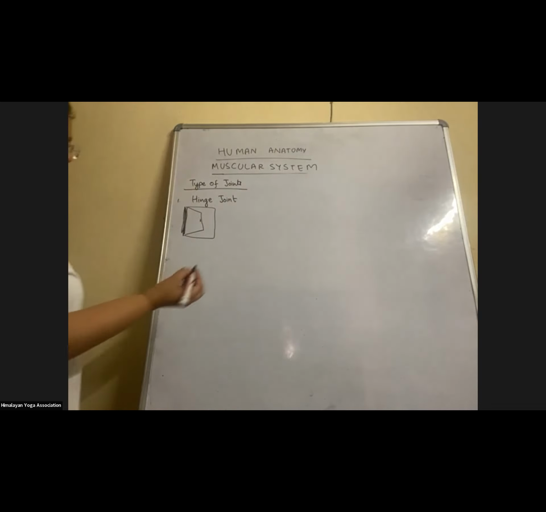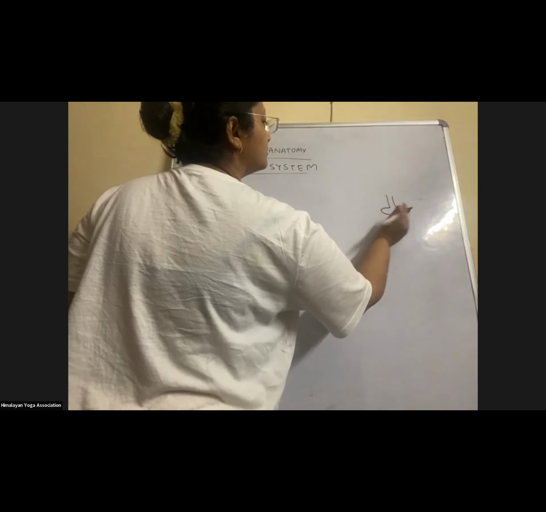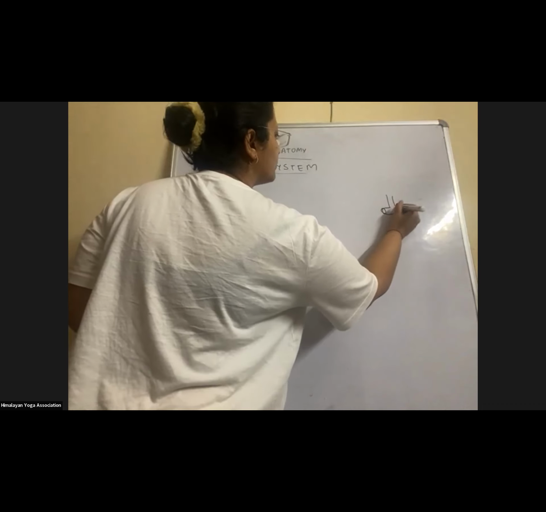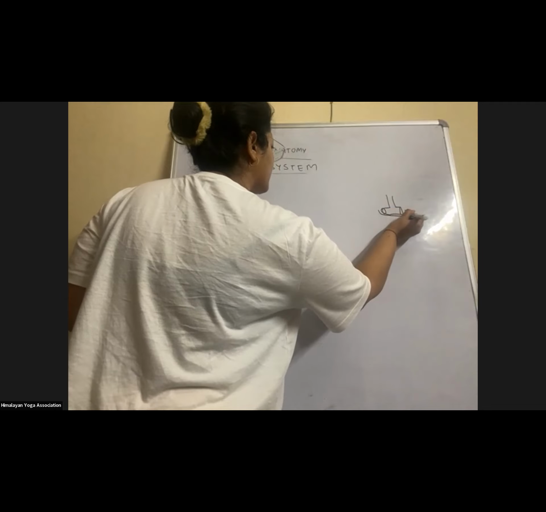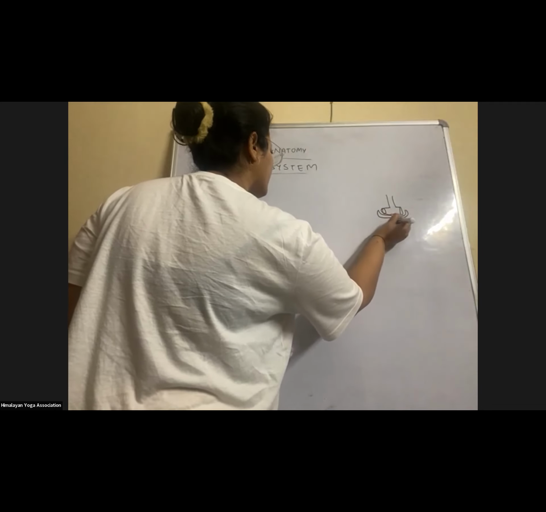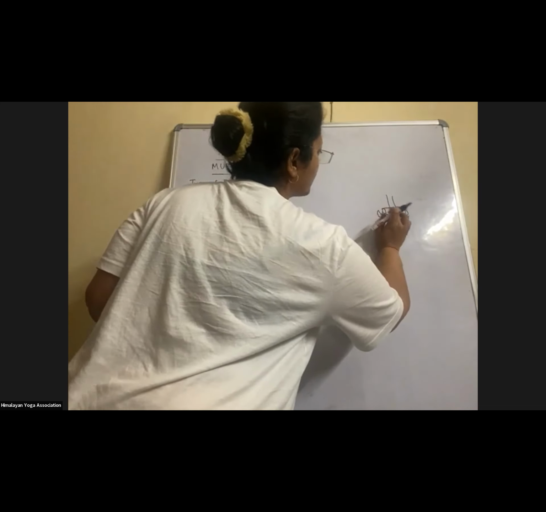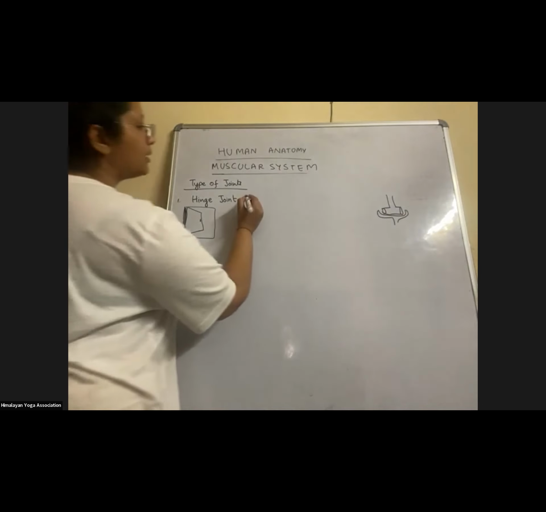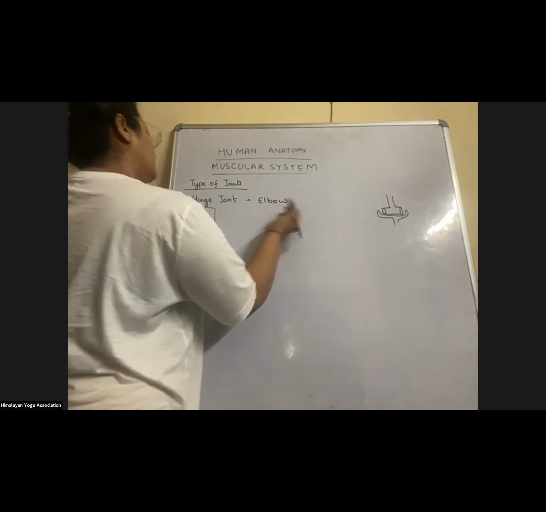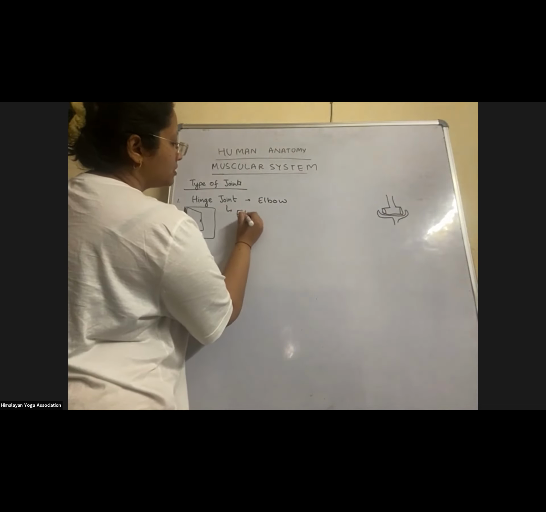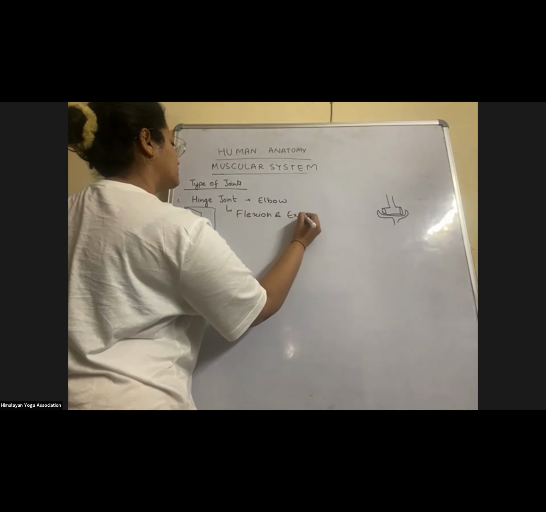That is called hinge joint. Example of hinge joint is elbow, and it shows flexion and extension.